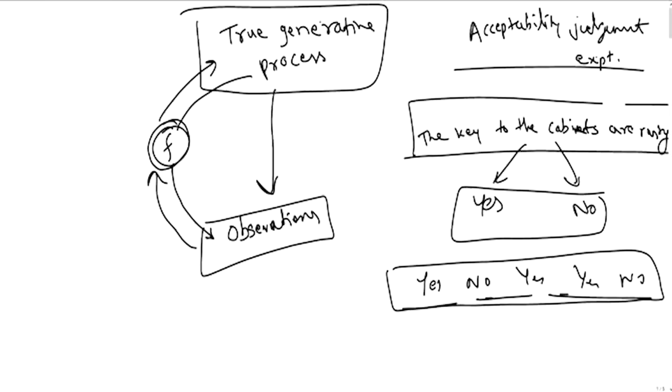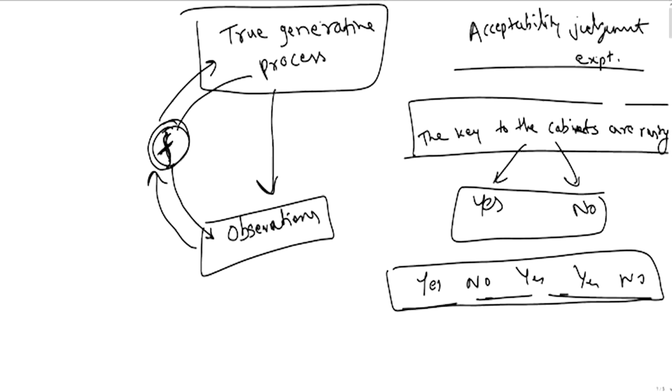So remember, you do not know the truth, you do not know the true generative process, but you can still make some assumptions about how this true generative process might look like. Okay, so let's say you assume that the true generative process is f. Now using the data, you would infer the properties of this function f, and by extension infer the properties of the true generative process. So that's one of the key goals of statistical inference, that we are estimating this function f.